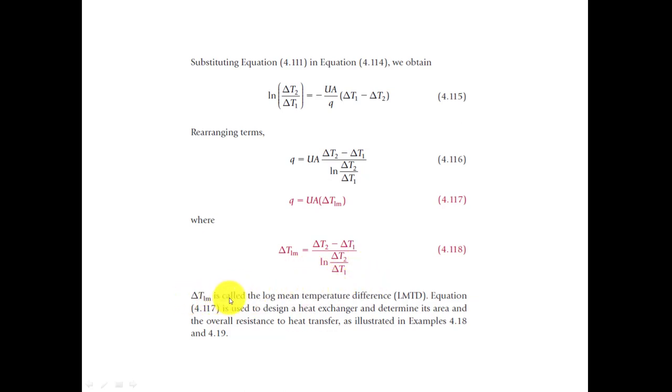This del TLM is called the logarithmic mean temperature difference, and this equation is used to design a heat exchanger and determine its area and overall resistance to heat transfer. Fine. So this is all about the design of tubular heat exchangers.